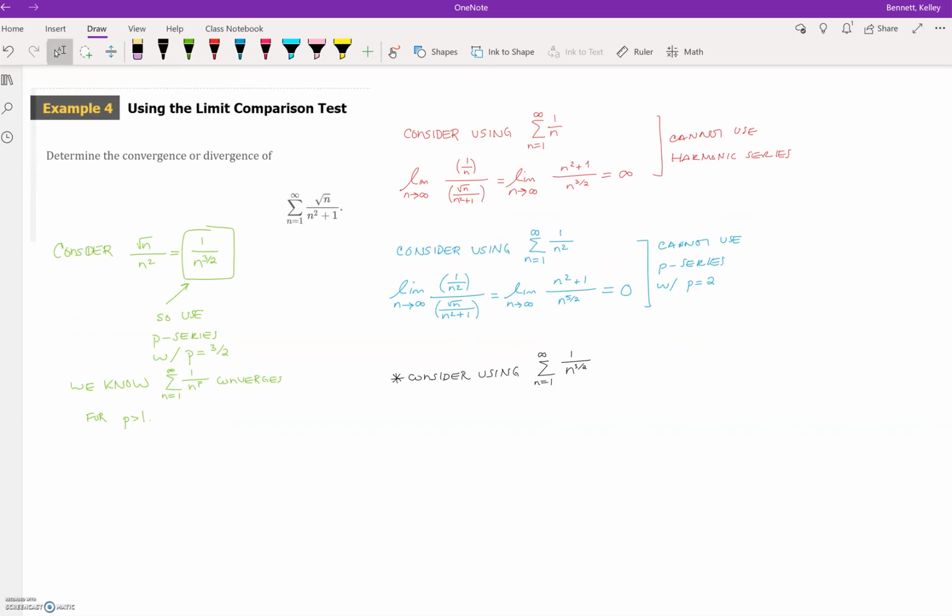So if I do this, then I'll get the limit as n goes to infinity. And I hope it's obvious that each term is positive since n is positive. So we've already cleared up that requirement. So the limit as n goes to infinity of 1 over n to the 3/2 over the square root of n divided by n squared plus 1.